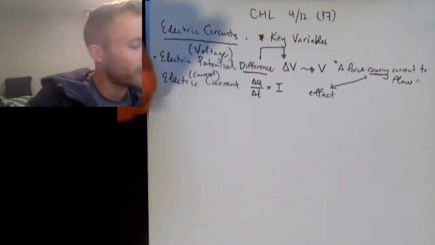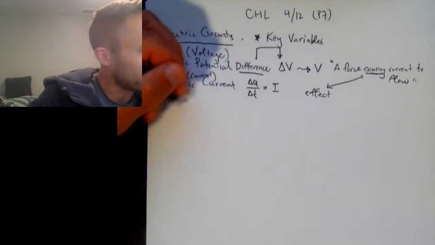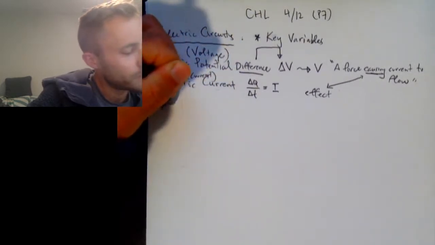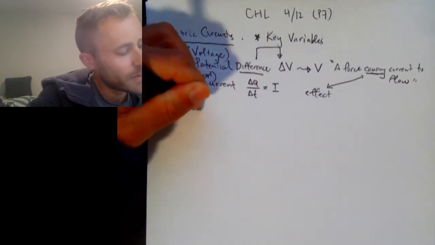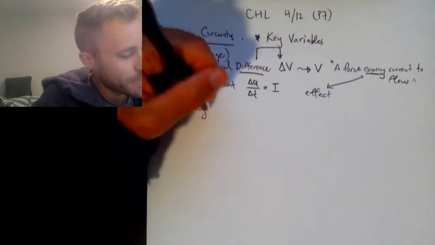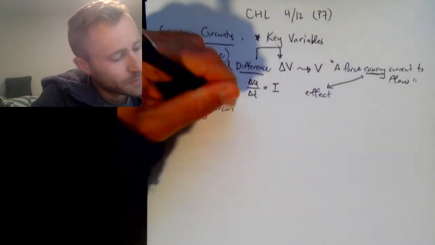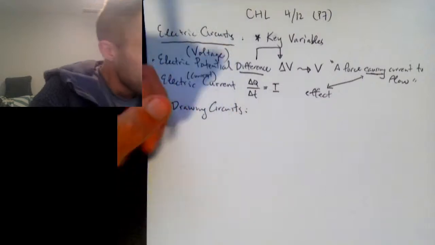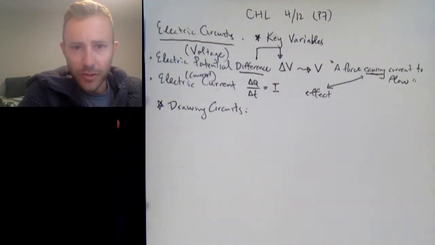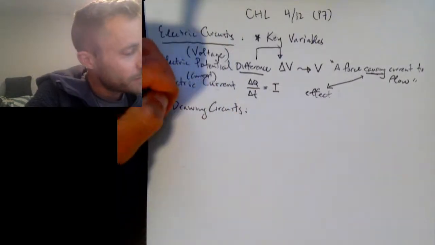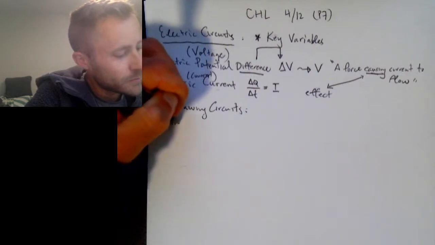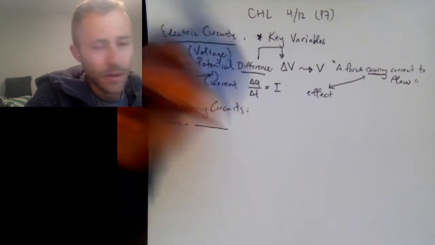So now let's start talking about drawing circuits. The basic thing we could draw would be a wire. This is a wire.